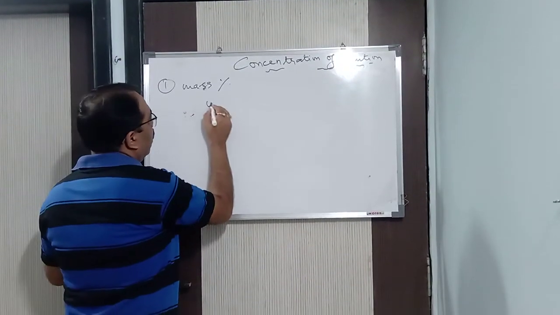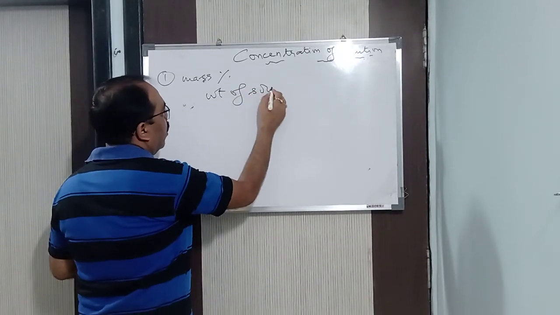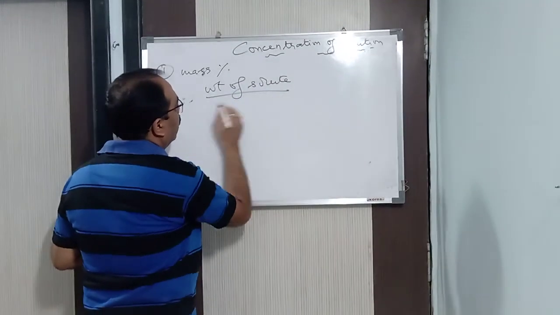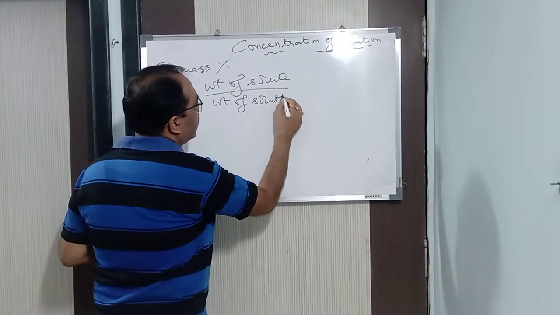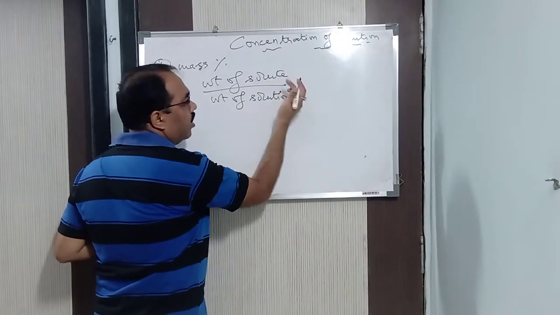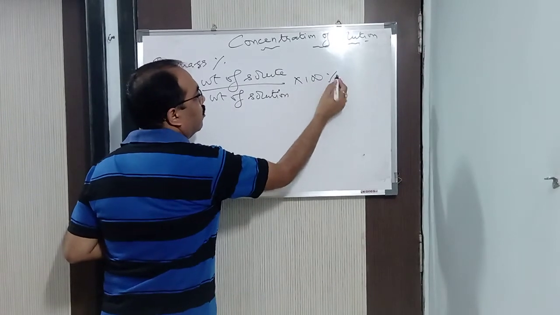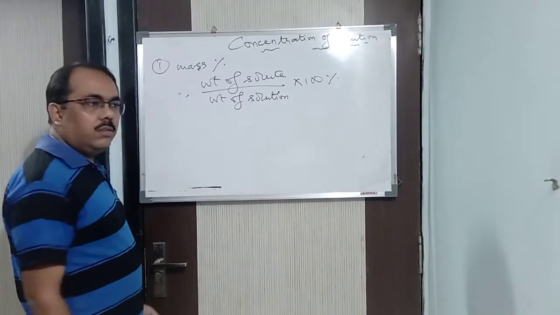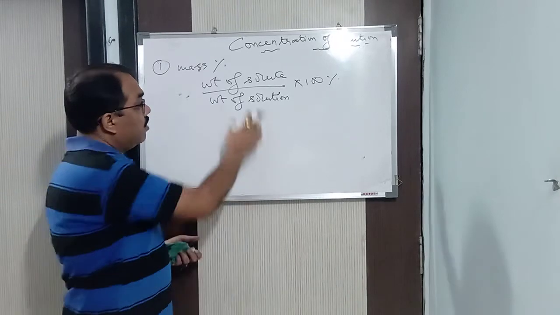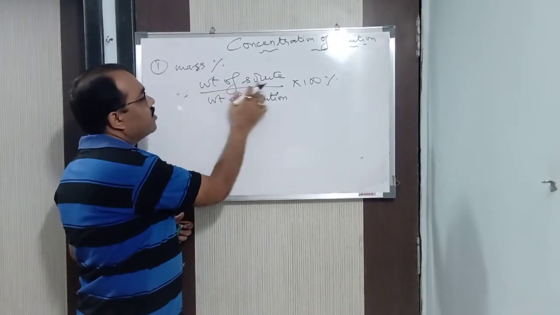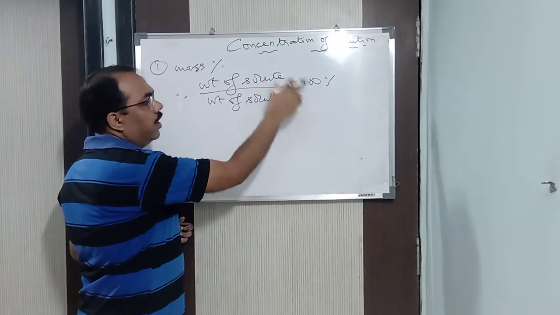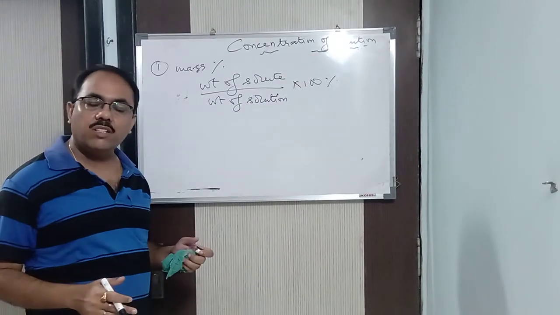I will do weight of solute by weight of solution. Now this is a fraction. I have to convert it into a percentage. What will I do? Into 100%. Simple. This is the mass percent of solute. Suppose you want the solvent, same thing: weight of solvent by weight of solution into 100%. That will give you the mass percentage of the solvent.